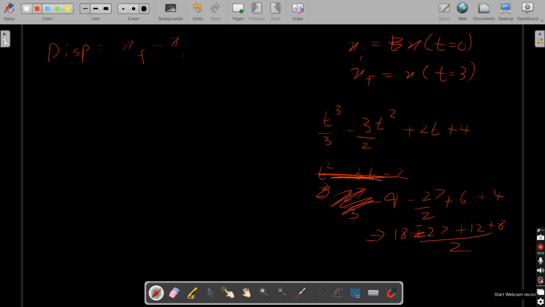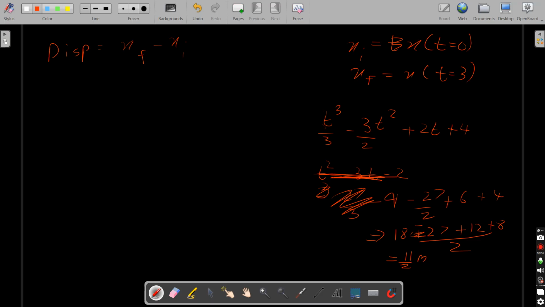Let's solve this. 18 minus 27 plus 12 plus 8. So this becomes 11 by 2 meters.